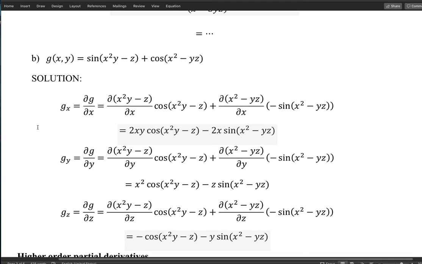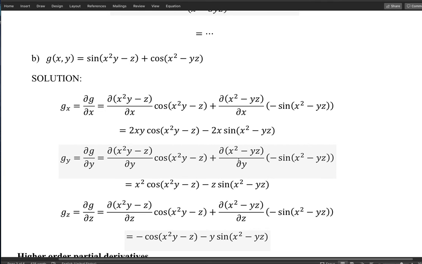Okay. And for the same function g, the partial derivative with respect to y, in a very similar fashion to what we just did a moment ago, but those partial derivatives will have to be replaced with partial derivatives with respect to y. So in this part, I'm having x squared, and in this part, I'm having x squared again. Partial derivative with respect to y, that's x squared.